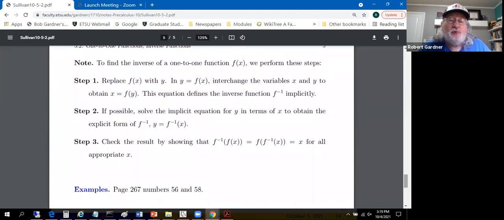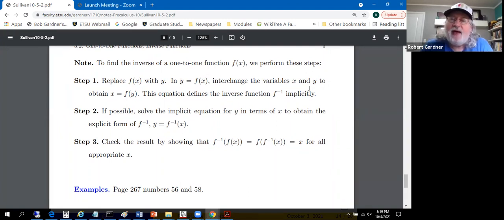How you're going to algebraically find them, and we've got a step-by-step procedure to do exactly that. To find the inverse of a one-to-one function f of x or y equals f of x, perform these steps. Replace f of x with y, creating an equation with x's and y's in it.